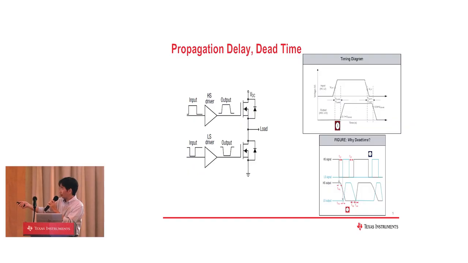The first feature I would like to mention is the propagation delay, which is the time measured between the point that the input goes high until the output follows the input signal and goes high as well. So this time we call the propagation delay.